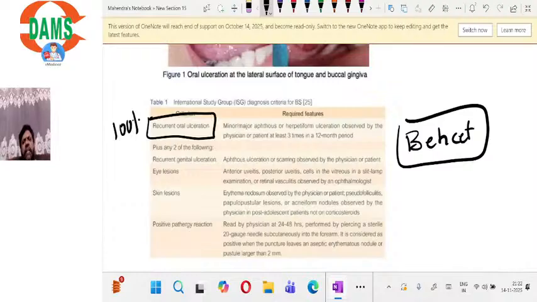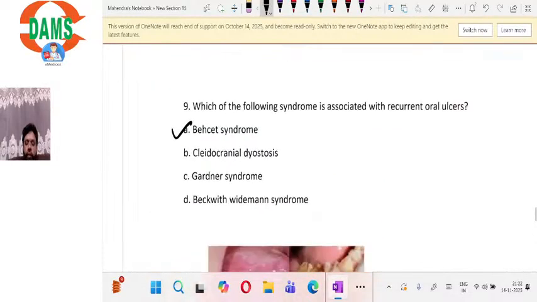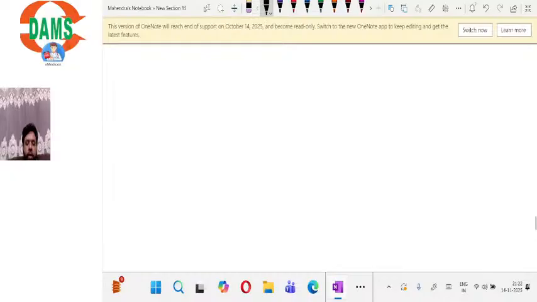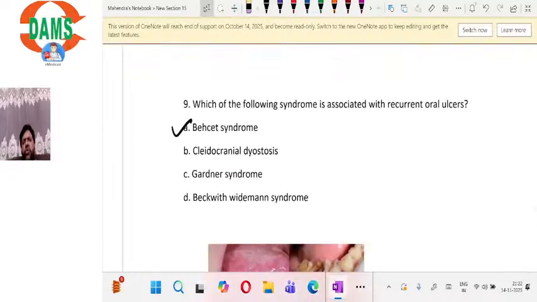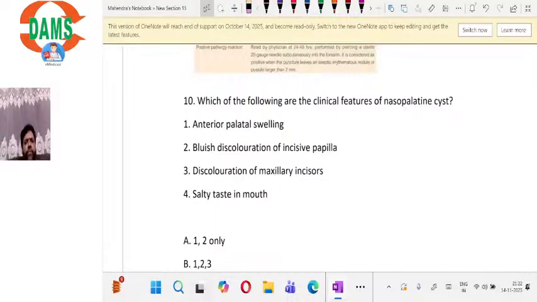There are other criteria also, but the most important one for us is the recurrent oral ulceration. Other options, cleidocranial dysostosis, Gardner syndrome, and Beckwith-Wiedemann syndrome, have nothing to do with oral ulcers.